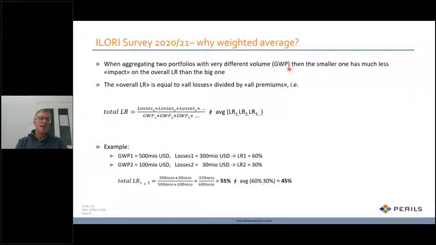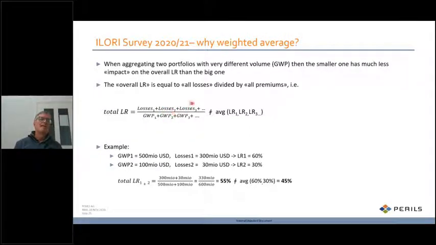Basically, if we had all the corresponding premiums and all the corresponding losses from the companies, then we could calculate the aggregated loss ratio. But as you know, we do not have this. Companies are not allowed to provide this information, so what we only have are the loss ratios.